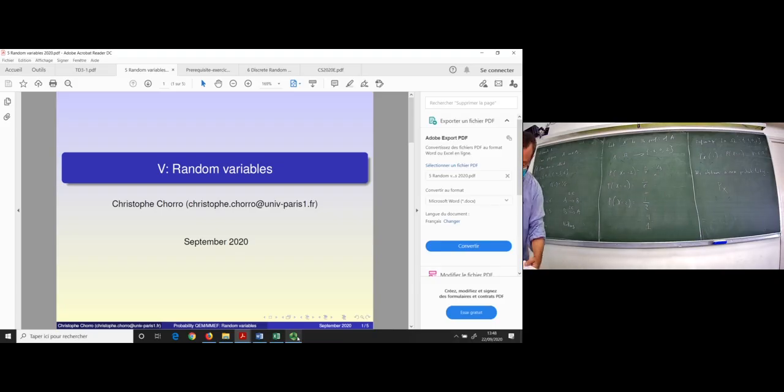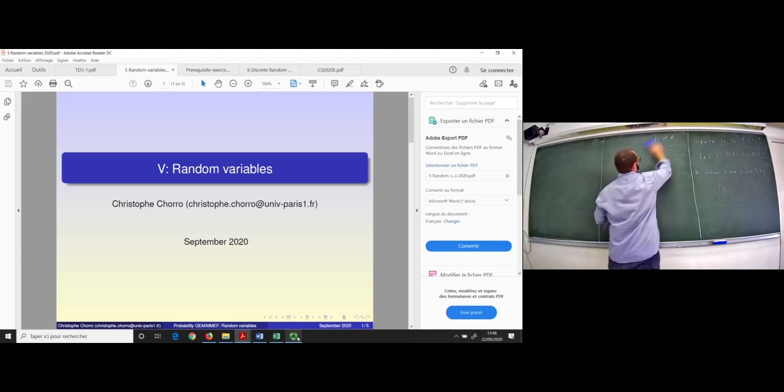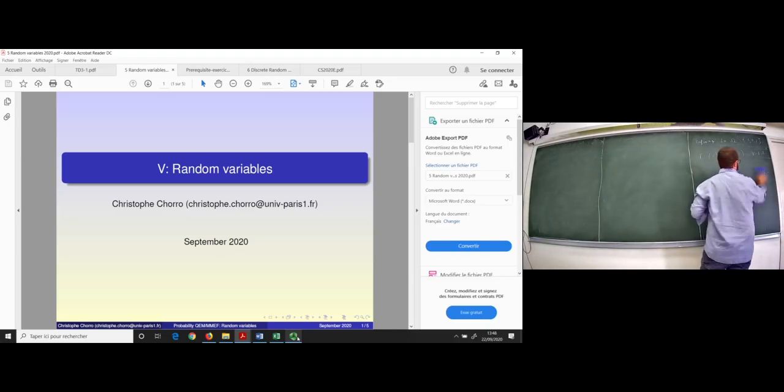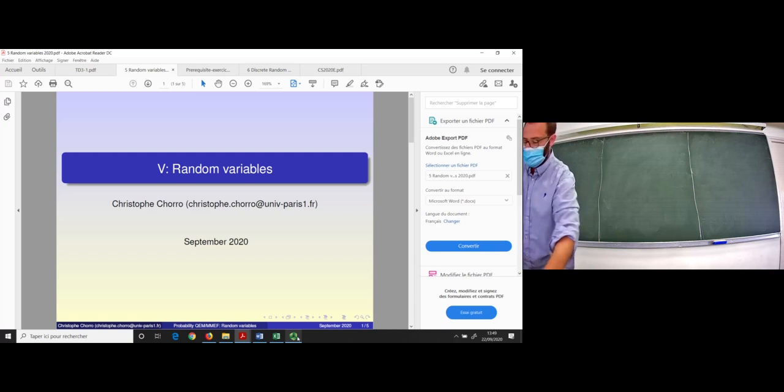Another example. So I erase. Okay, so now I consider, my first example was with the dice, this one would be with the coin.